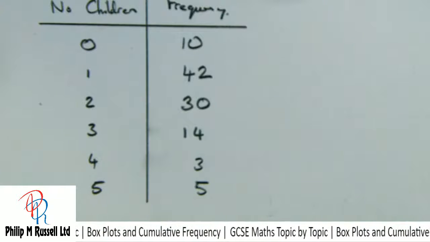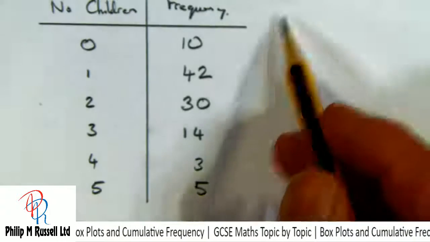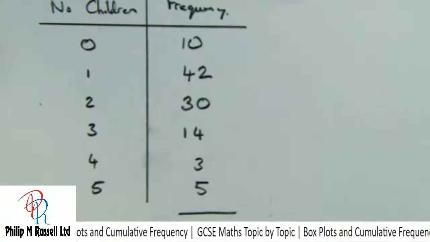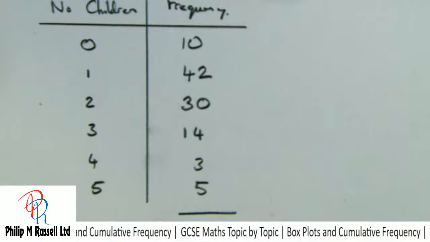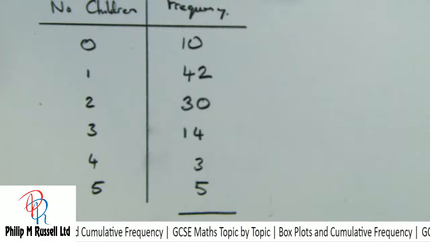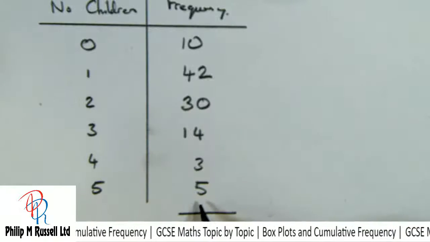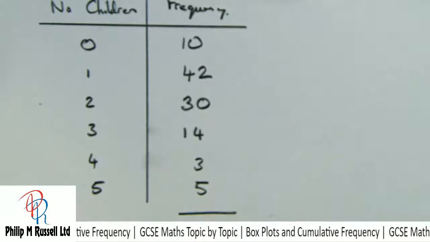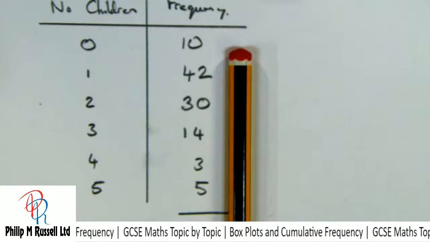Okay, so we asked so many families, and we'll need to count up how many families there are, and we want to find out various bits and pieces here. So the first job we've got is, let's work out how many people we asked this question of.